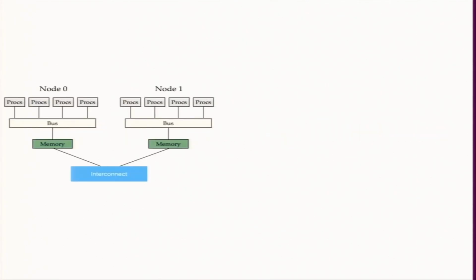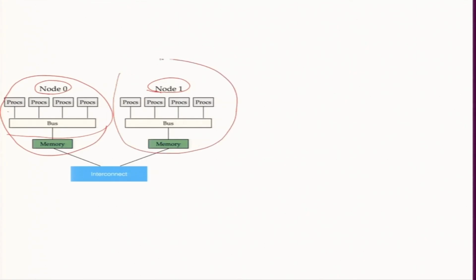Here we have two nodes. We will see very soon what a node is. You can think of two big machines or two servers. Now, I am going to run one program across node 0 and node 1. Some part of the work will be done in this machine and some part in this machine. But they need to talk.